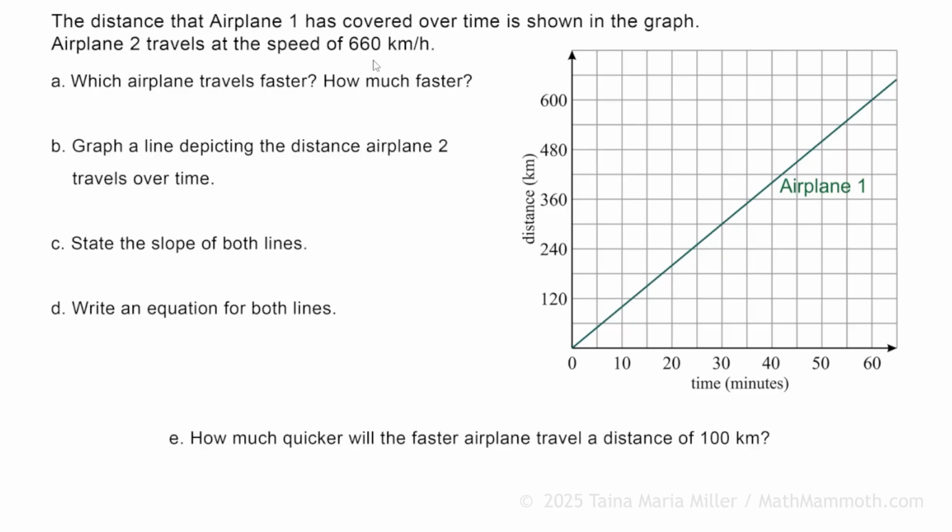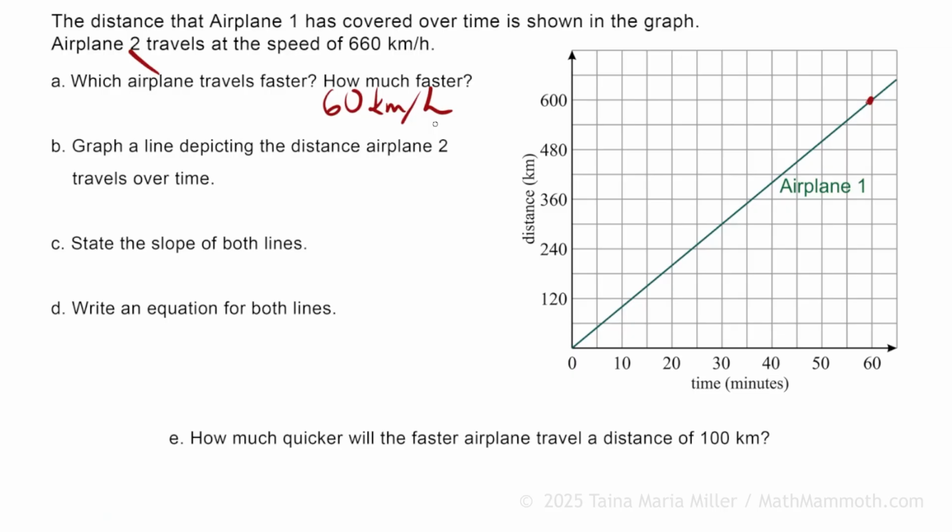Over here, it might make sense to look at 1 hour of time, 60 minutes. And in 60 minutes, at this point, airplane 1 has traveled 600 kilometers. So its speed is 600 kilometers per hour. Airplane 2 was 660 kilometers per hour. So airplane 2 travels faster. How much faster? 60 kilometers per hour faster.